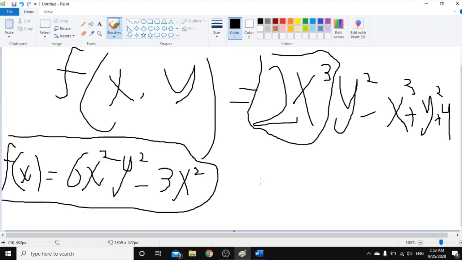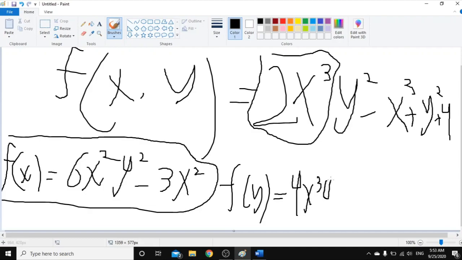Let's take right now the derivative with respect to y. So f of y is equal to, here x cubed must be constant, so we need to play with this y squared. The derivative of y squared is 2y, so 2 times 2 is 4. So 4x cubed y, minus x cubed is 0.